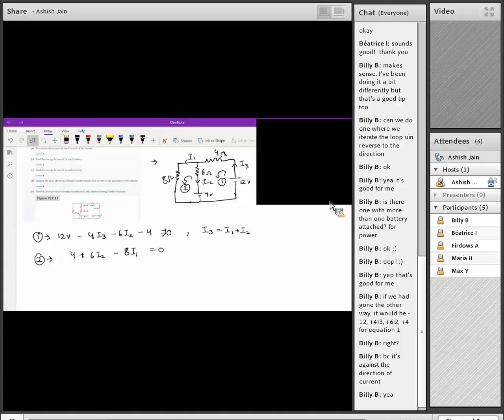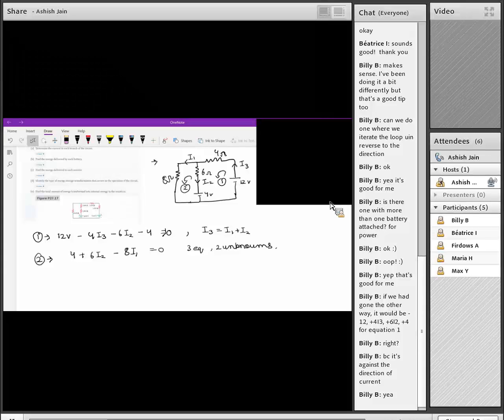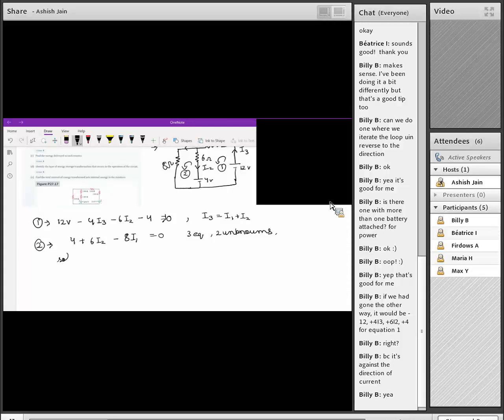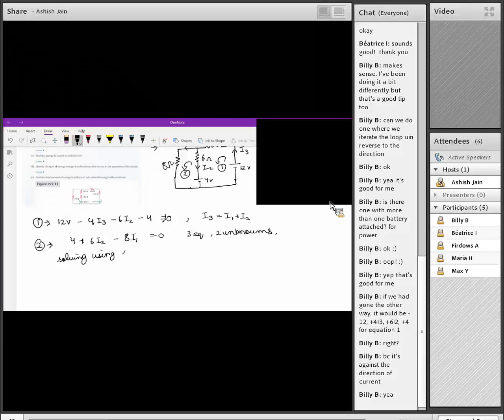Okay, and then I have three equations, two unknowns. I solve using substitution. I've solved it beforehand, so that's what I'll get.